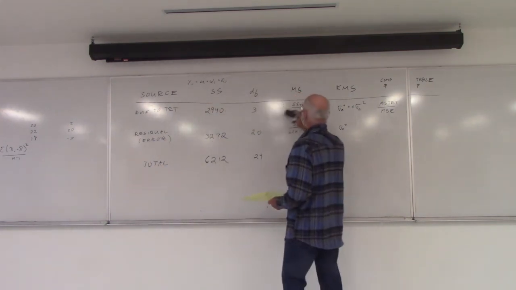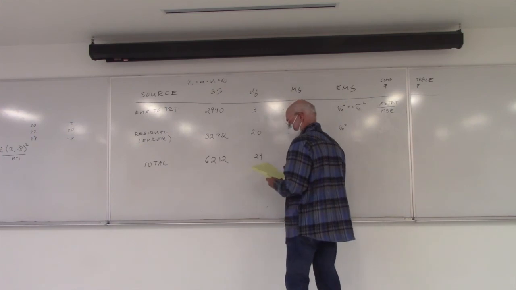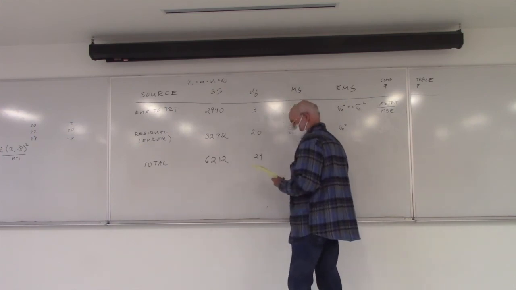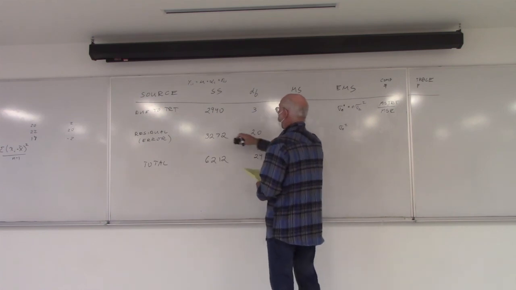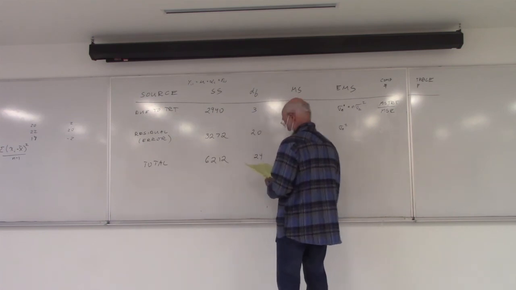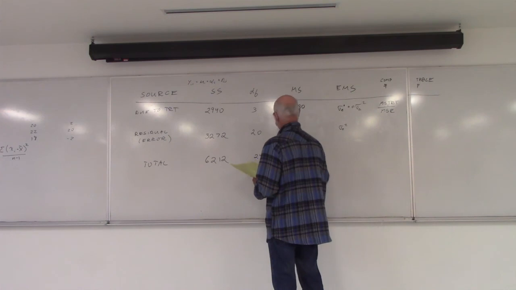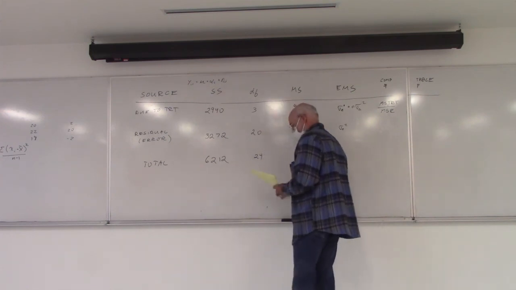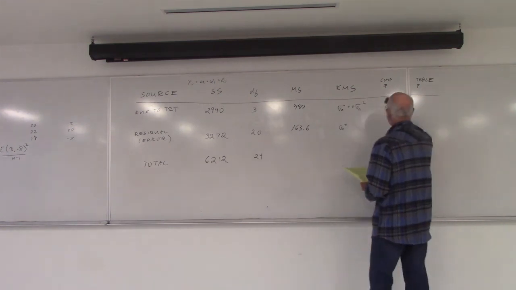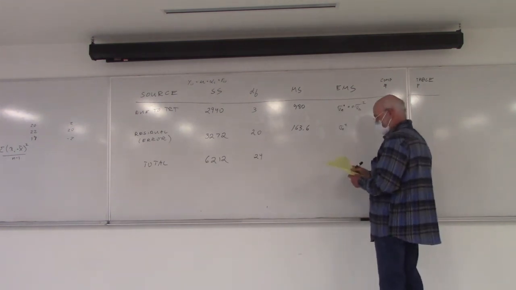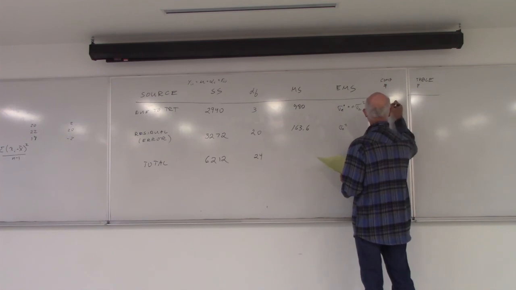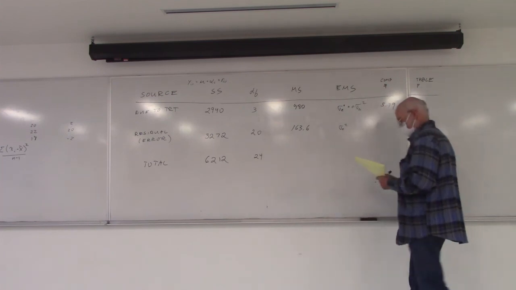So 2940 divided by 3 is equal to 980. And 3272 divided by 20 is 163.6. And then 980 divided by 163.6 is 5.99.